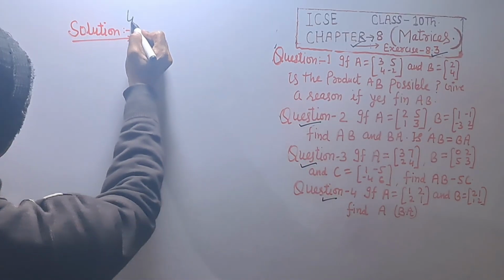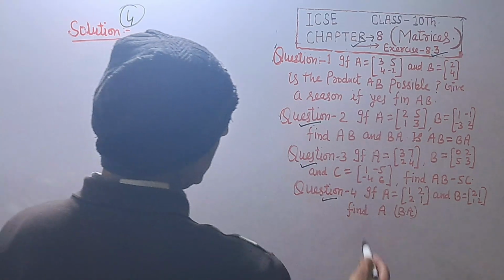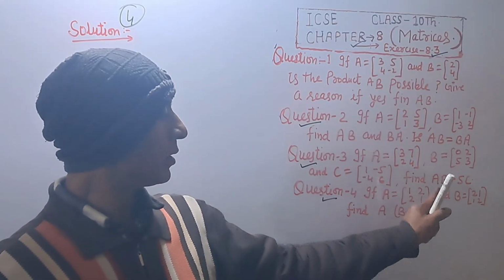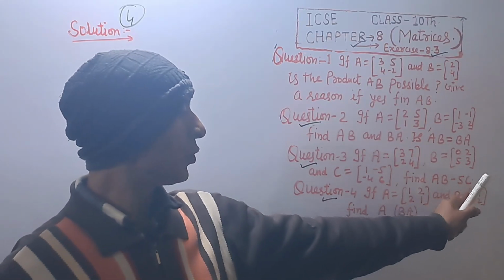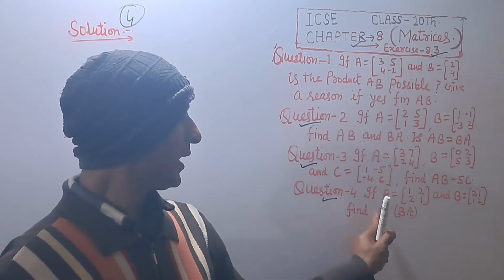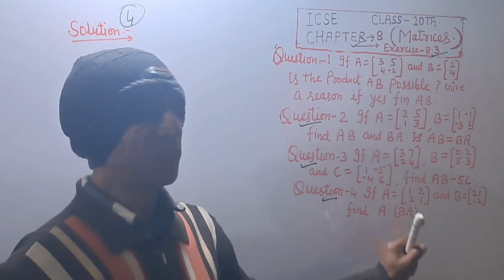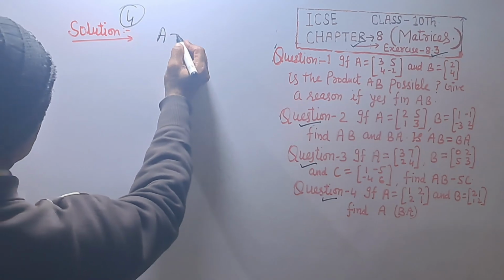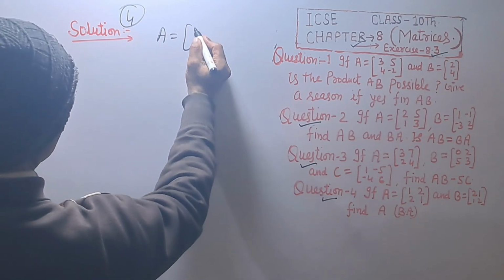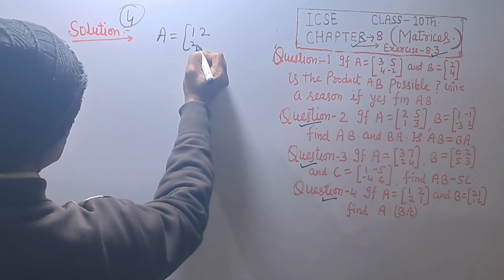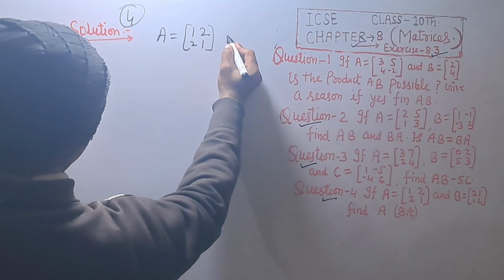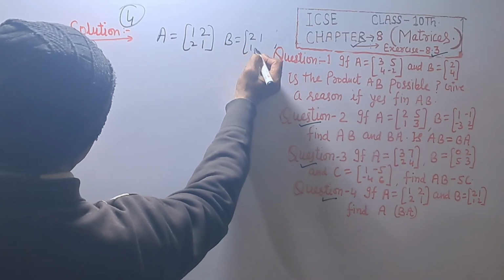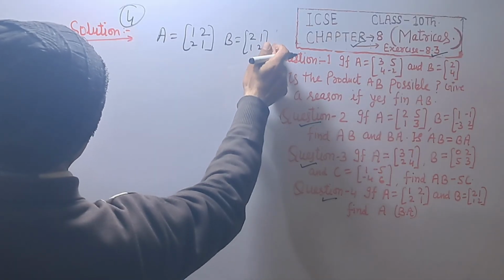Question number 4. If A is equal to 1 2 2 1, B equal to 2 1 1 2, find A into BA. A is equal to 1 2 2 1 and B is equal to 2 1 1 2.